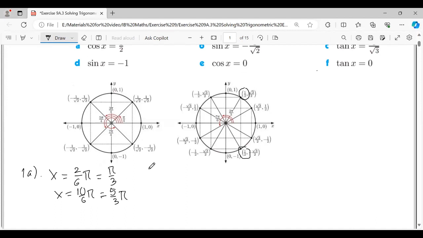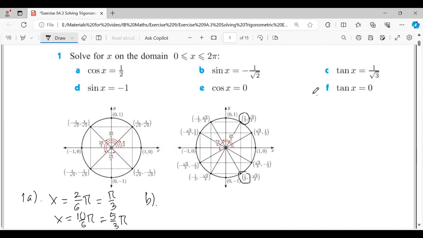So what about b, sine x equals minus 1 over square root 2? It means we have to find the second number, 1 over square root 2. At the first diagram, 1 over negative square root 2.